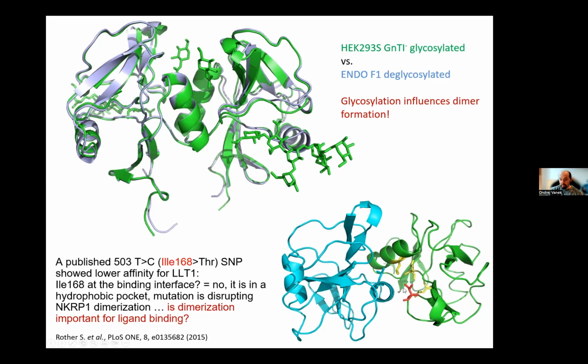Actually, it's not at the binding interface, it's on the dimerization interface. So the shift from the hydrophobic amino acid to a more polar amino acid is disrupting, at least partially, the dimerization, which is then translated to weaker overall binding affinity or avidity and weaker outcome of the signaling, which is what they observe.